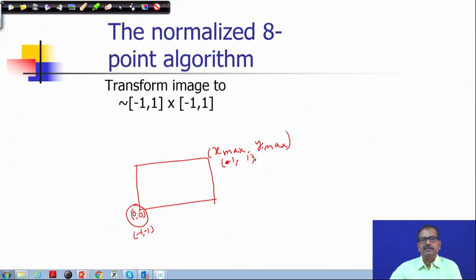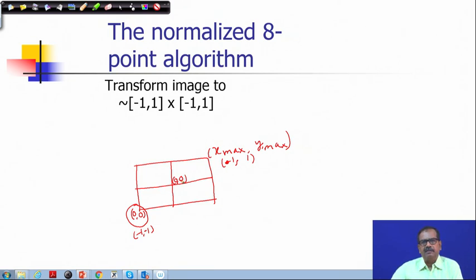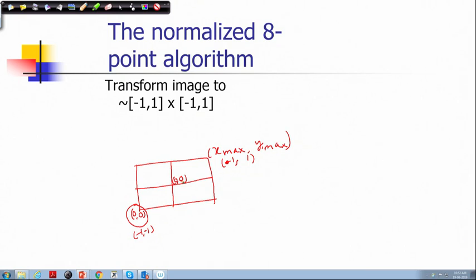That means exactly in the middle, the center point is represented by the origin 0, 0. So, this is how the coordinate is transformed, and you can see that even with transformations applied to both images independently, you can still recover the fundamental matrix. Let us understand that also.